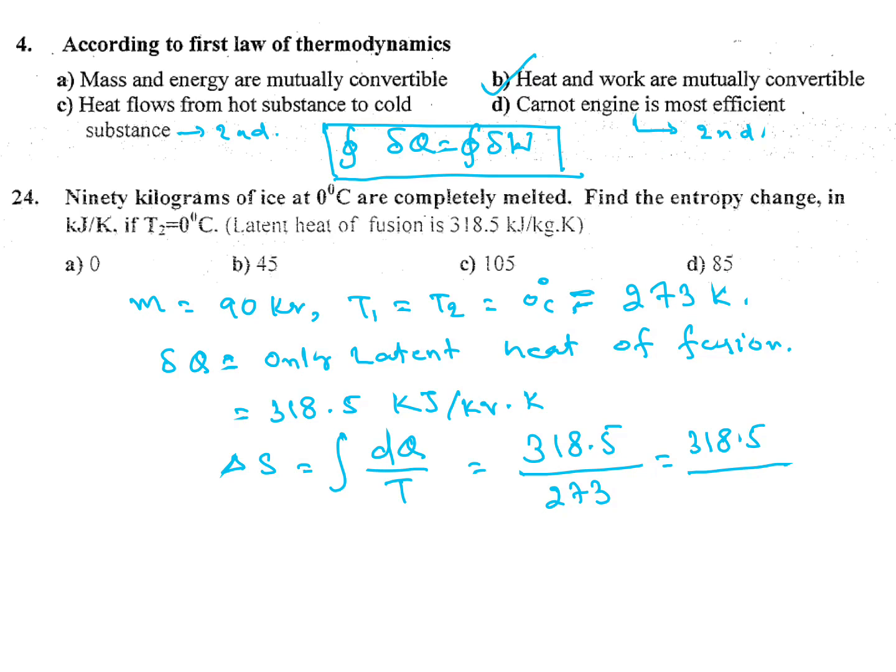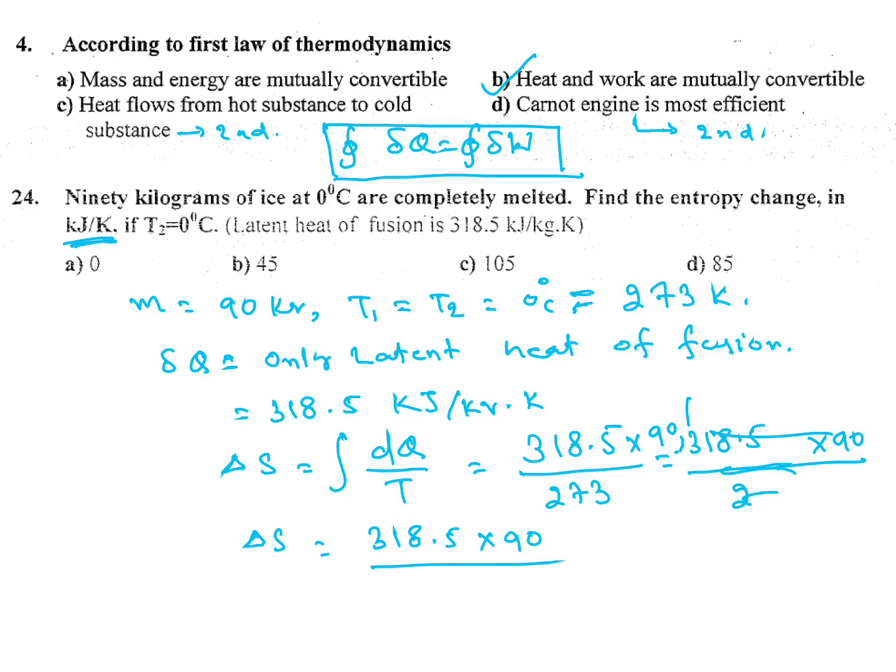We have to multiply by mass, because the answer is asked in kilojoule per Kelvin. So mass also we have to multiply, 90 kg. Delta S is equal to 318.5 into 90 kg divided by 273; we can take it as 270 for easy calculation.